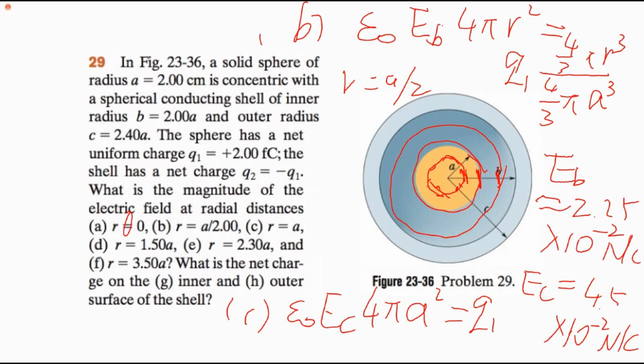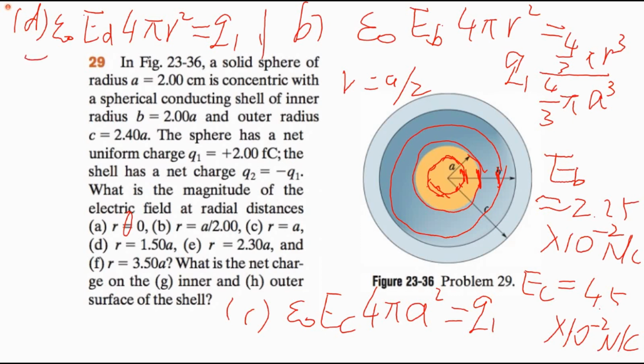Then use Gauss's law: epsilon 0 times ED times 4 pi r squared equals Q, and this equals Q1, right? Because the total charge inside is just Q1.